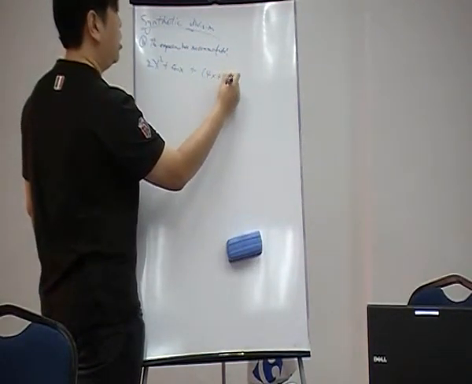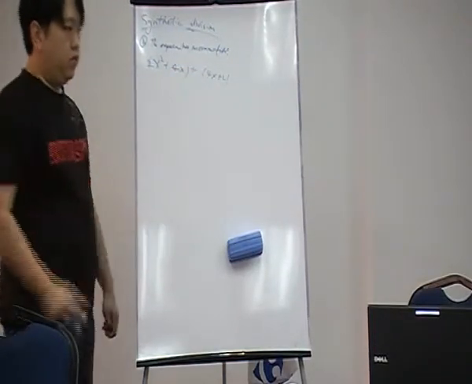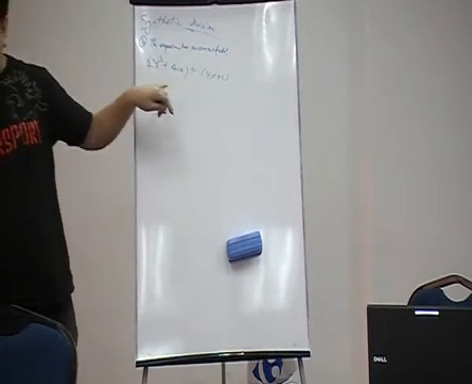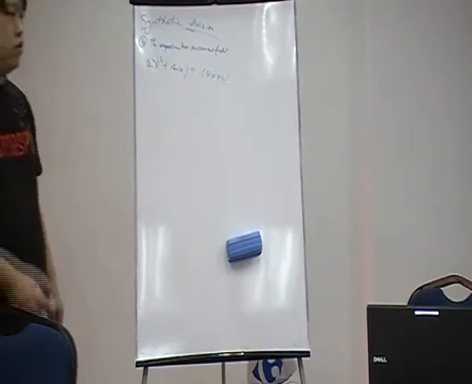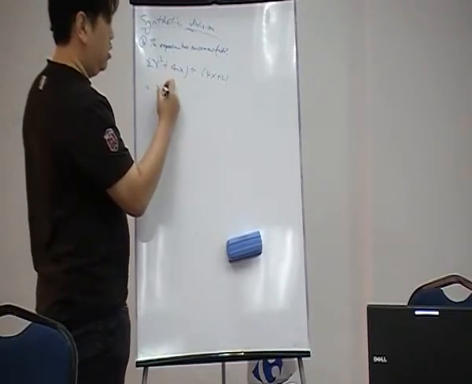Common number or common factor? That means if they both have 2, right? So cannot. Make sure you cancel it first.